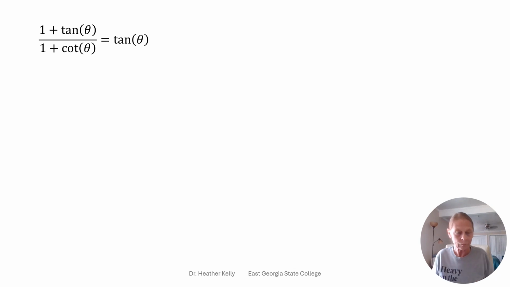Okay, let's look at another one here. Yeah, so can't really work with the right hand side. It's really just one thing. So let's work over here with this left hand side and see what we can do. So I'm going to go for the sines and cosines.